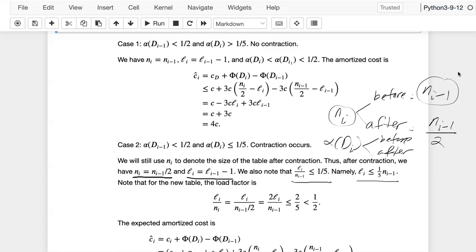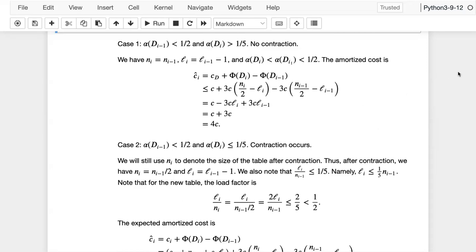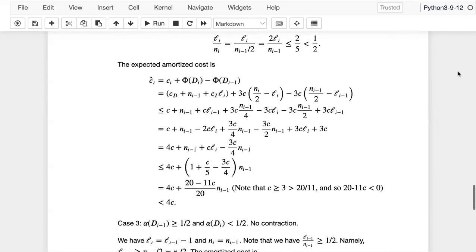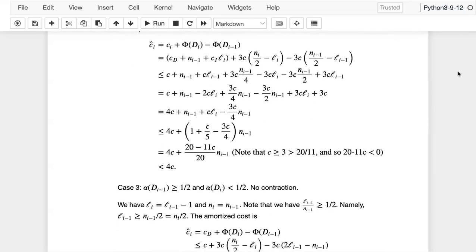Hence, we can look at the load factor after the contraction, which is L sub i over n sub i. We do a simple manipulation, and that gives us the result, which is less than 1/2. Hence, we know what form of the potential to use. Both of the load factors are less than 1/2, so we are going to use the same form.